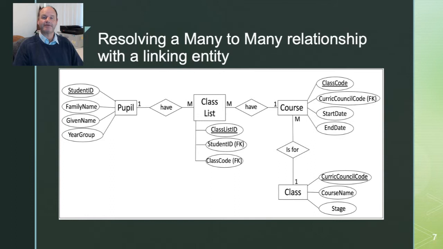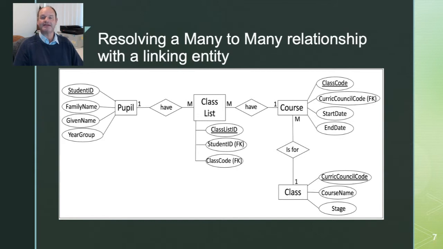Resolving a many-to-many relationship means turning this into two one-to-many relationships. To connect these two one-to-many relationships, we use what is called a linking entity, in this case called class list. It is important to remember that the many side is always next to the linking entity.